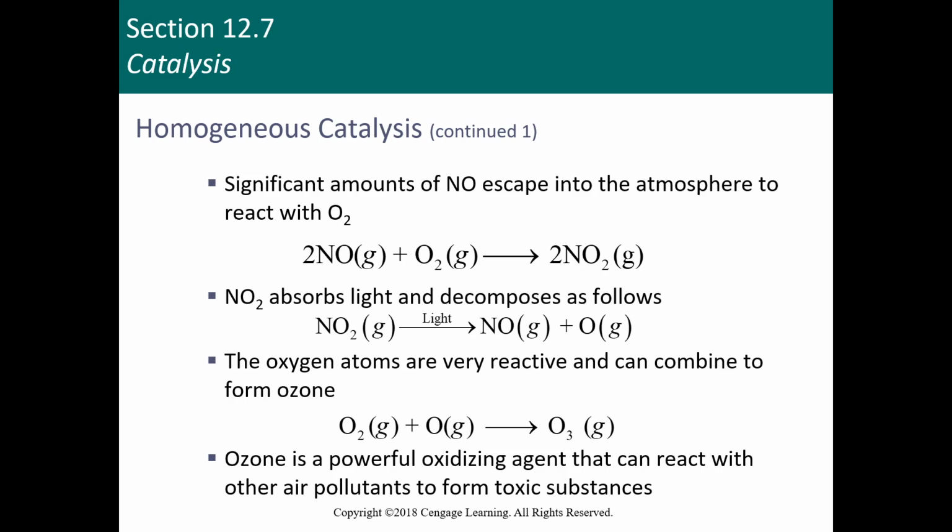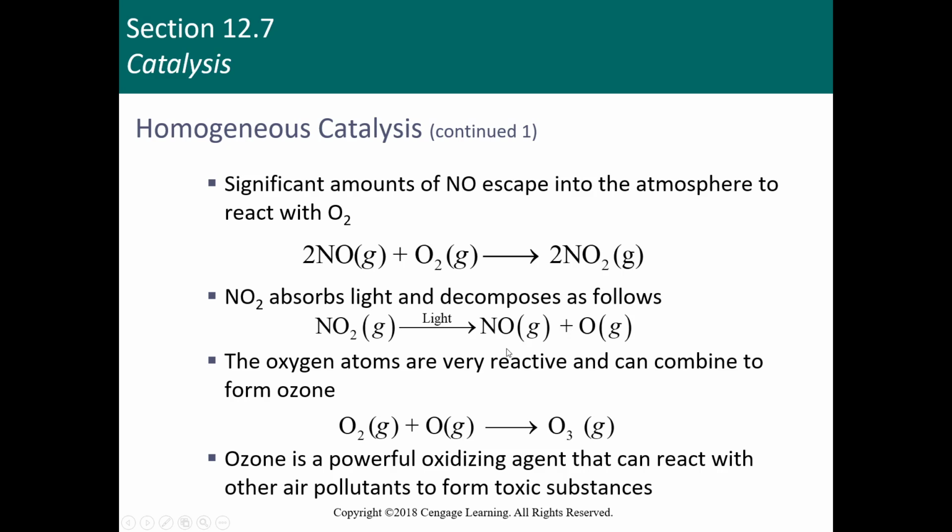Anyways, this, by the way, is why the smog is much more visible and prevalent in some place like Florida or California, because they have a lot more sunlight, and so this reaction right here happens a lot more often. Places like New York have less sunlight, and so this reaction doesn't happen as often.